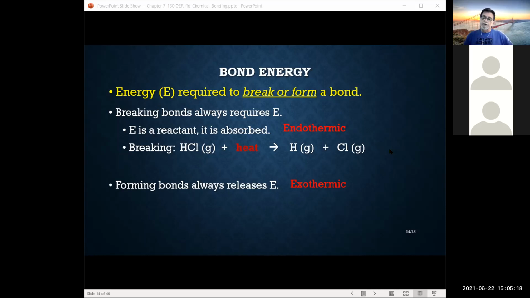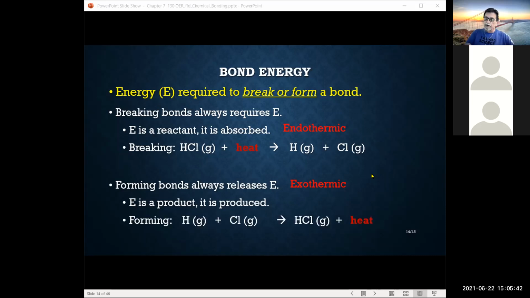Again, you go to the pharmacy and buy yourself a hot pack. You smack it, and the chemicals in there get warm, giving off heat, because in that process you're forming a bond, and heat and energy are released. So in this case, energy is a product and it is produced.